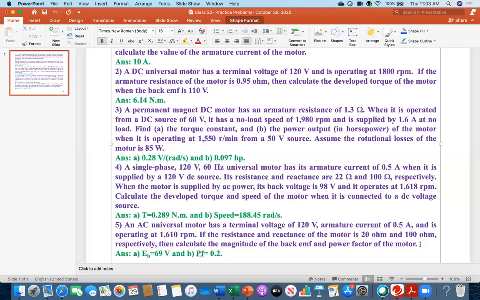That is your power factor answer. That is one way of doing it. The other way, as I said, is power factor cosine theta is R over Z, where R is the resistance and Z is the magnitude of the impedance. Therefore, both ways should give the same result.